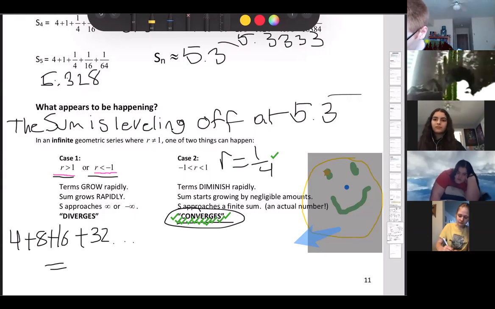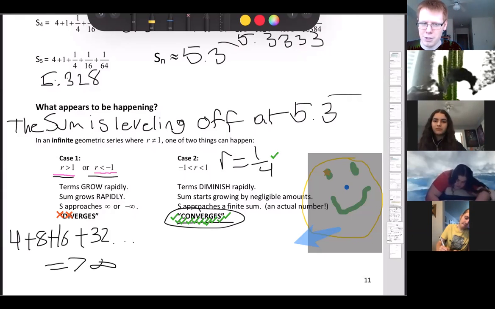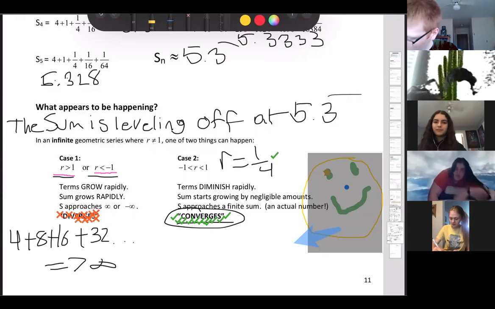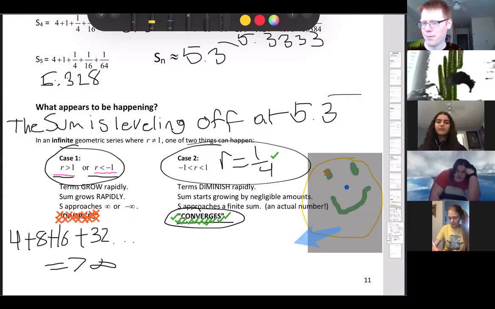So this one approaches infinity, while the one we looked at above approaches 5.33. It diverges if it just keeps growing forever. Converges is when it gets closer to a number, but it's all based on your R value. That's really what you want to be looking for.